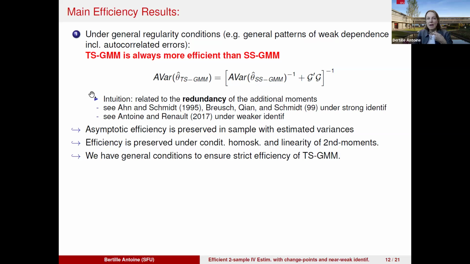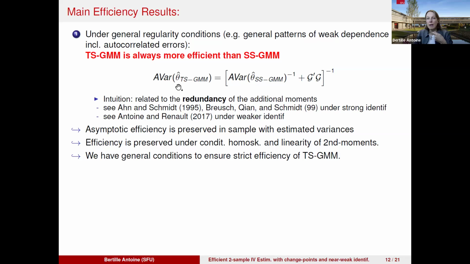Okay. And there is an older literature on the redundancy of additional moments, and there is a lot of insights from the paper by Ahn and Schmidt, as well as Breusch and Schmidt, all of them under strong identification. I've done some work recently with Eric where we revisit the redundancy of additional moments when we have weaker identification. And basically, what we are able to show is that our two-sample GMM estimator is always more efficient than the split-sample GMM.